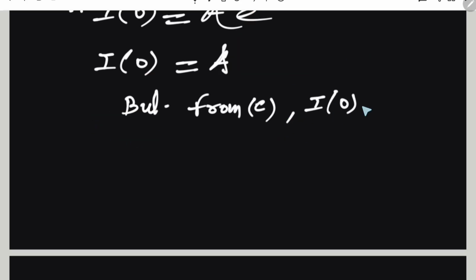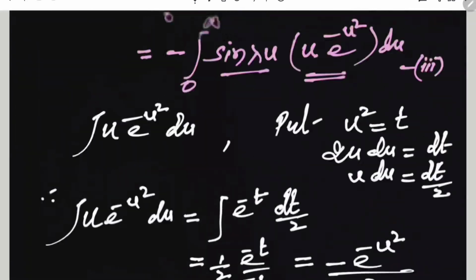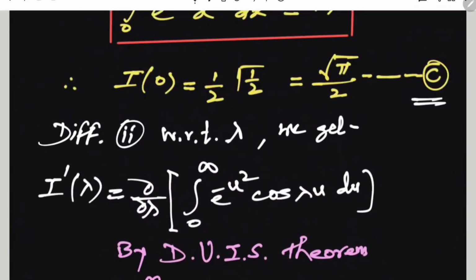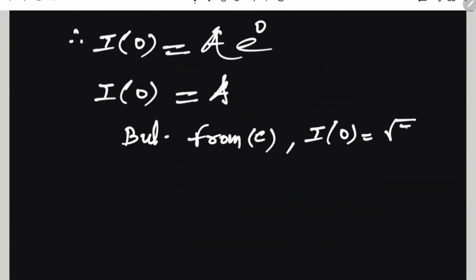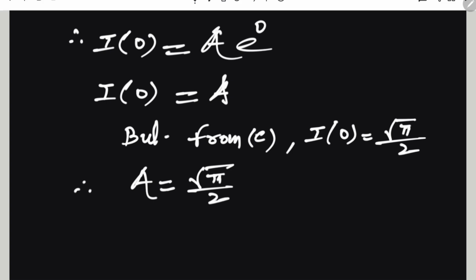Then substituting λ equals 0 in that 4th, we get A equals I of 0, but the value of I of 0 is square root of pi by 2. Therefore, we get the value of A as square root of pi by 2.